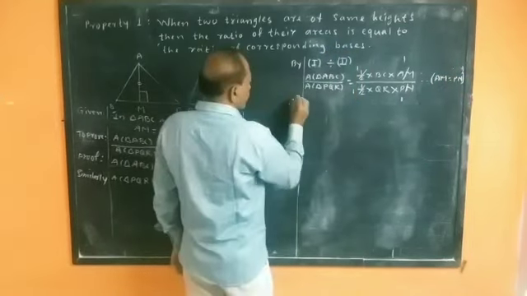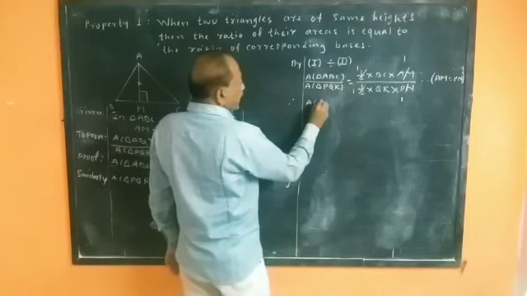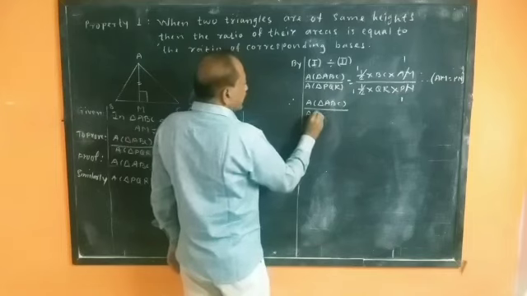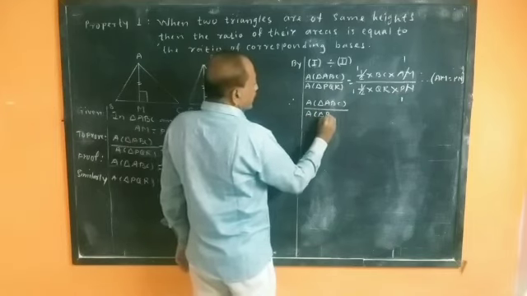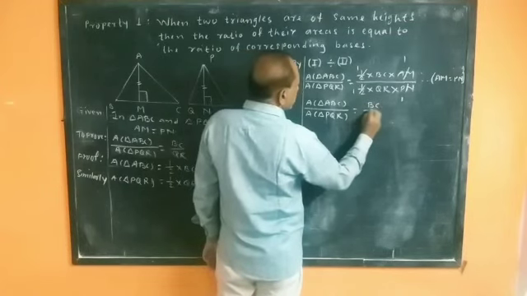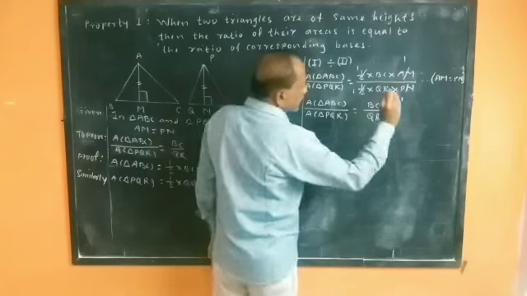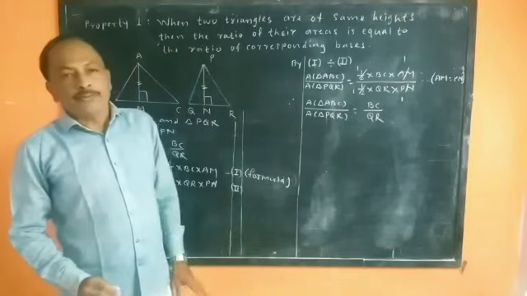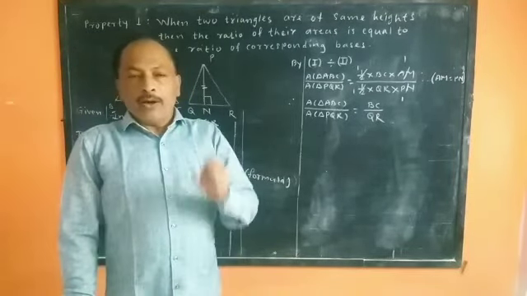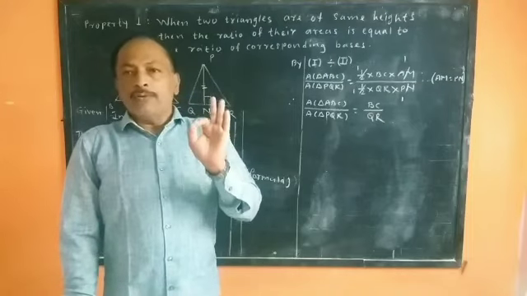So therefore area of triangle ABC upon area of triangle PQR equals BC upon QR. Thus we can prove the first property of areas of triangles.